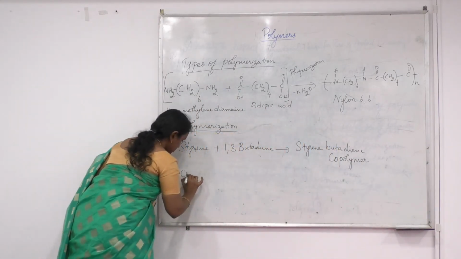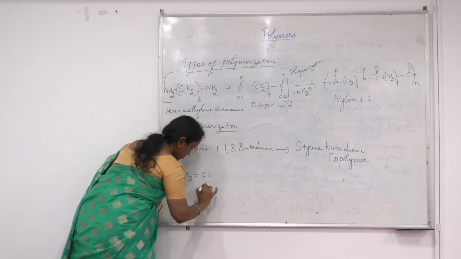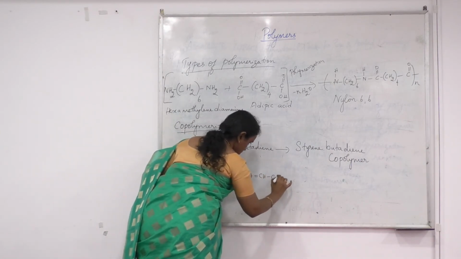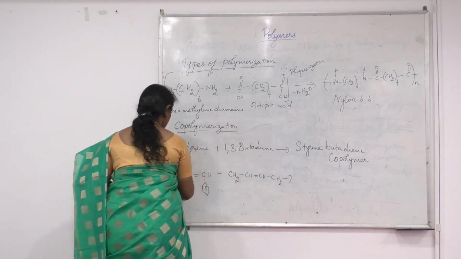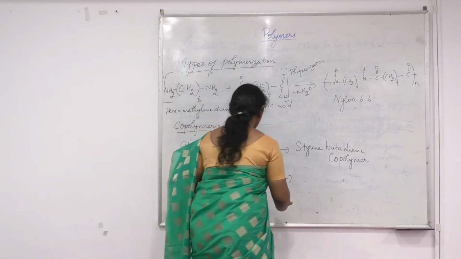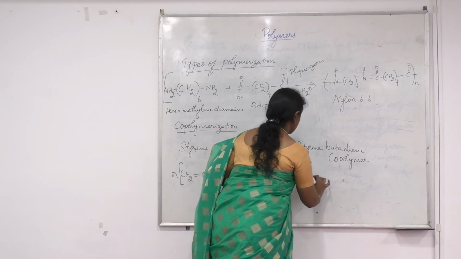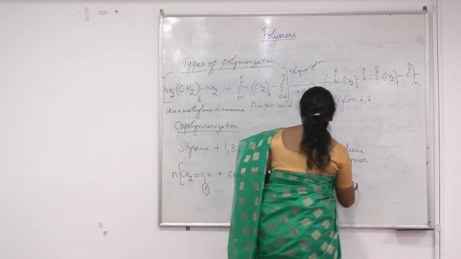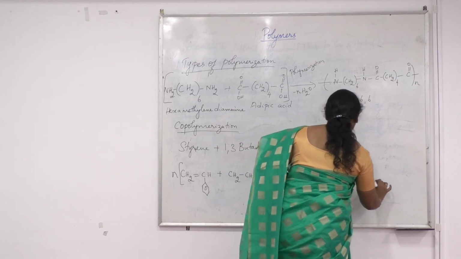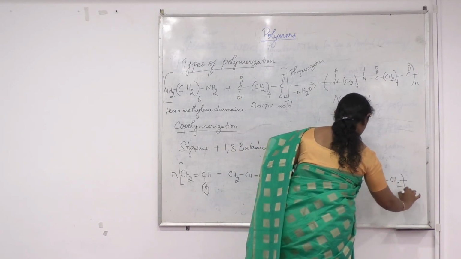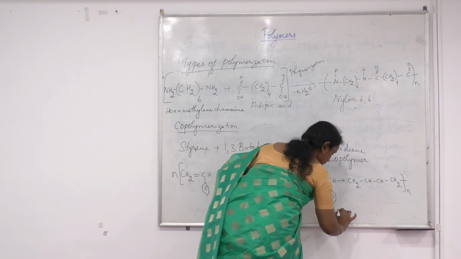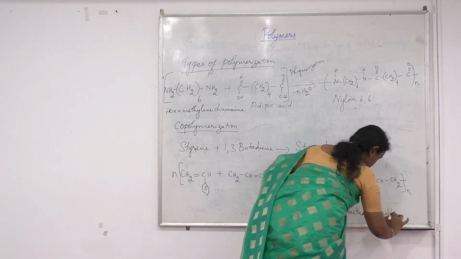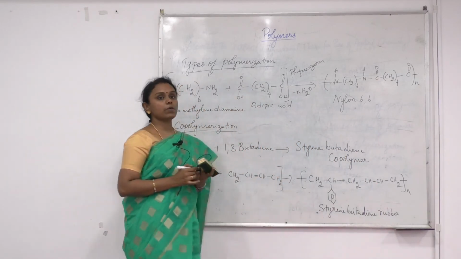The structure is CH2 double bond CH, and so this is our styrene butadiene rubber, which is a copolymer having higher molecular weight.